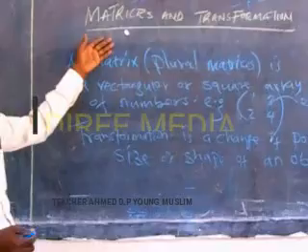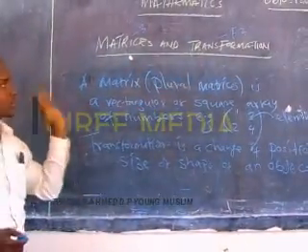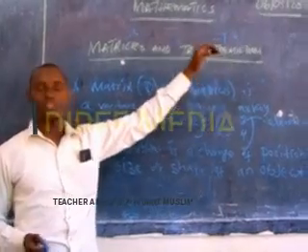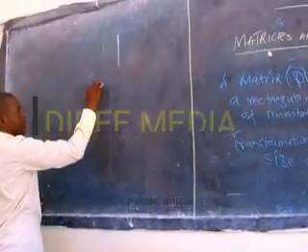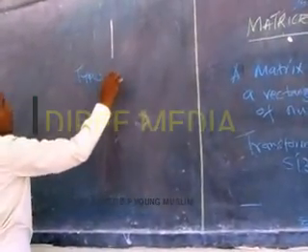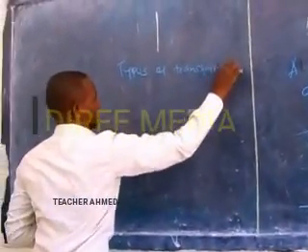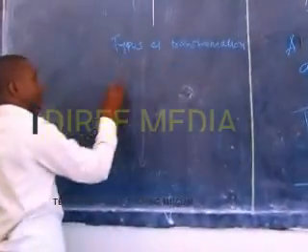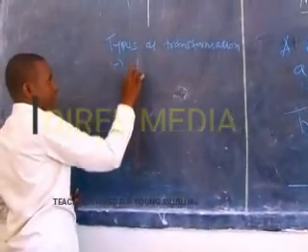Now that we define matrices and we define transformation, I want us to remind ourselves or state types of transformation that we learned in Form 2. Therefore, types of transformation that we learned in Form 2 are: 1. Reflection.